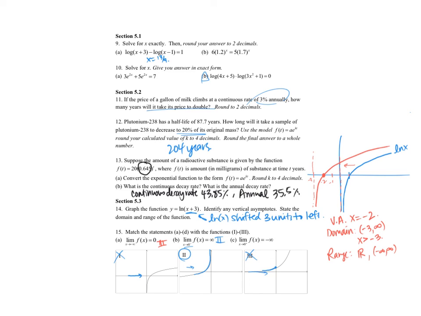And on C, it wants the limit as x approaches 0 from the right to be negative infinity. So what I'm looking at is, as I'm approaching 0 from the right-hand side, what's happening to my y values. For the first one, as I approach 0 from the right-hand side, my y values are going down to negative infinity, so that's the one I want.